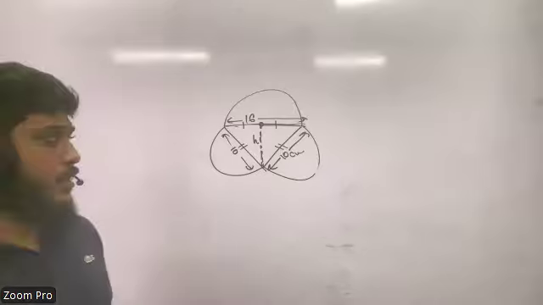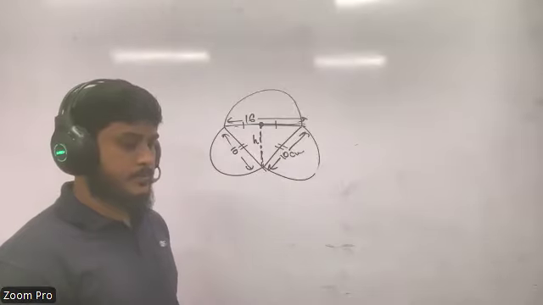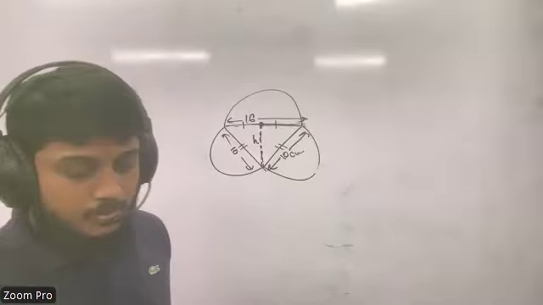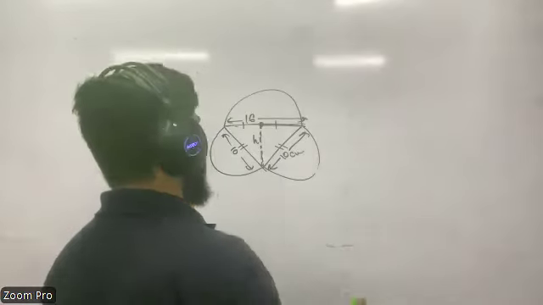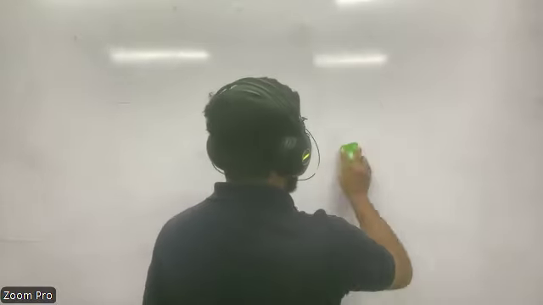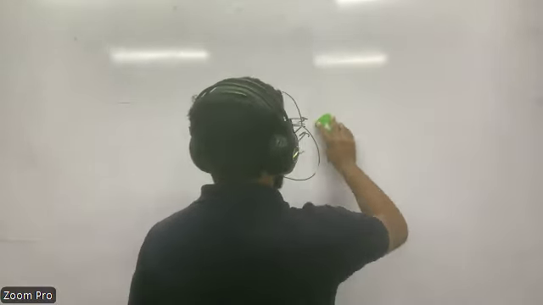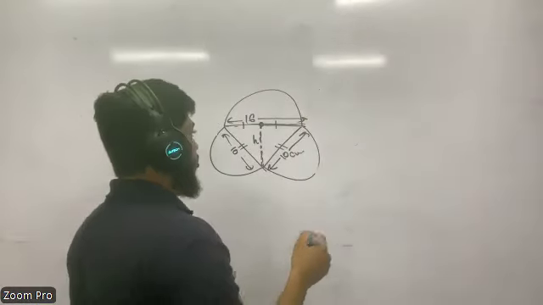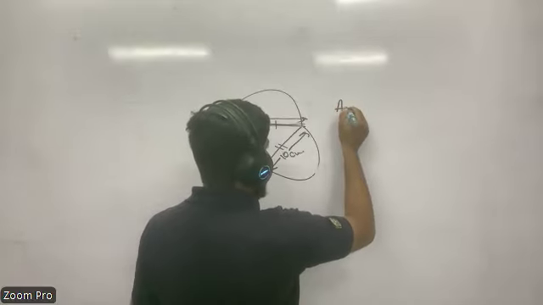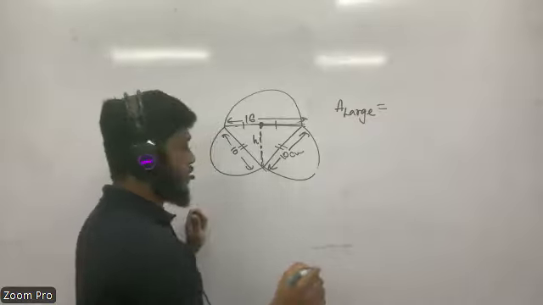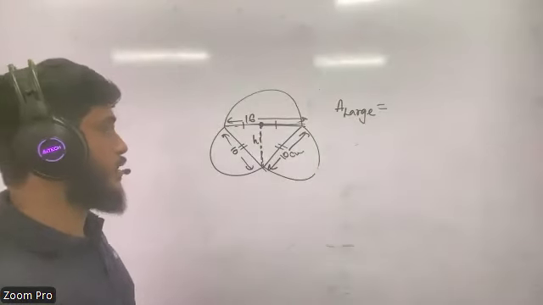Then I can write like this, area of the large half circle.